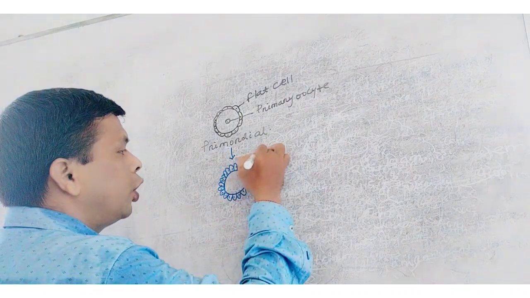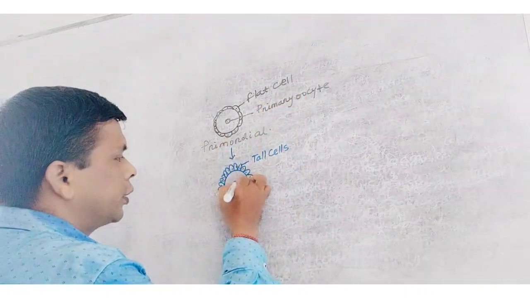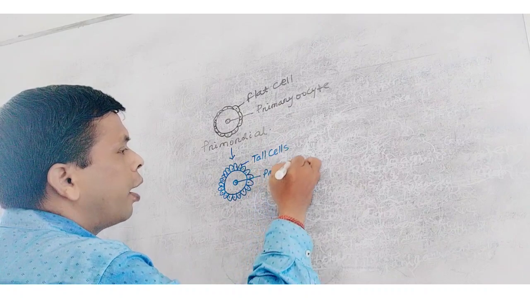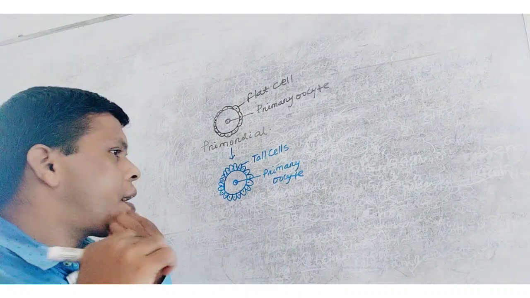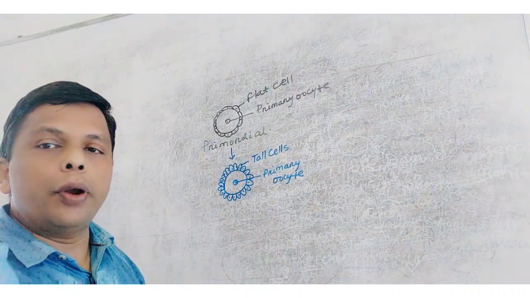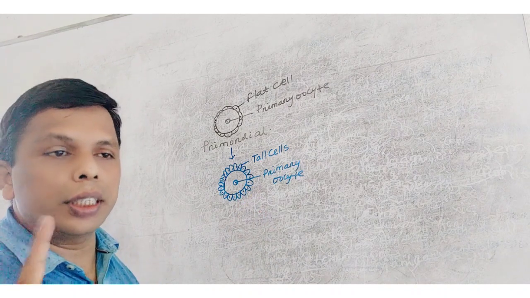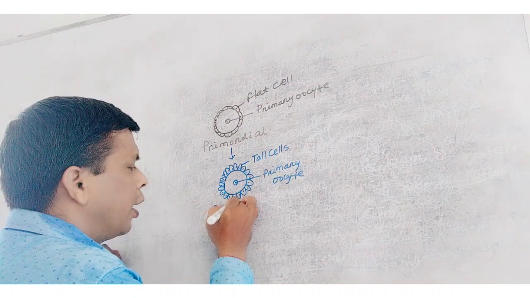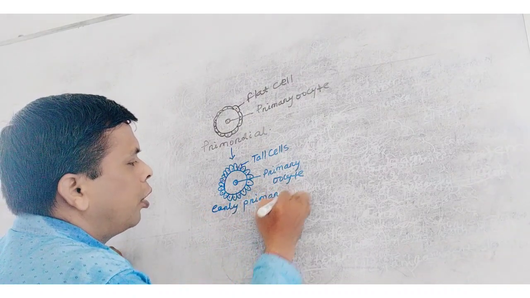These are tall cells. It also has a primary oocyte. Diploid, a twin set of chromosomes, are present inside the primary oocyte, not the secondary oocyte. So this is the early primary follicle.